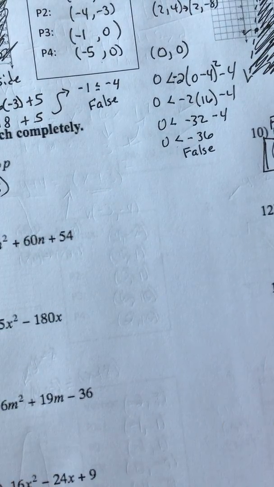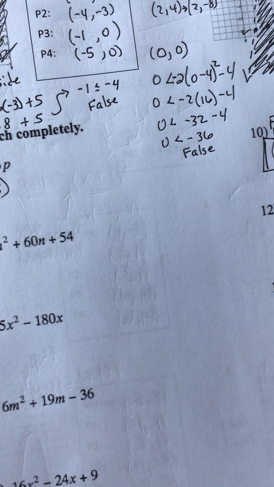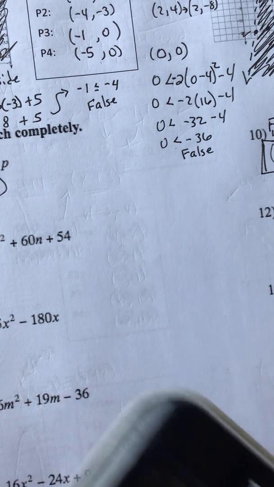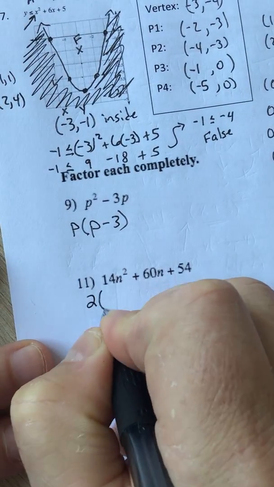Okay, first I would like to cut all these at least in half. I think half is probably all they can do for number 11. I'm going to divide out the 2.